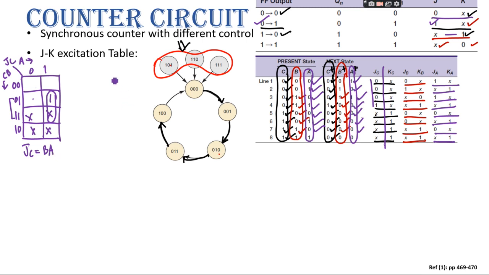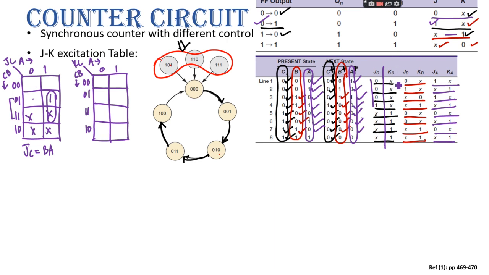Yes, sir. And for KC, we can have say B and A, 0 1 0 0 0 1 1 1 1 0.